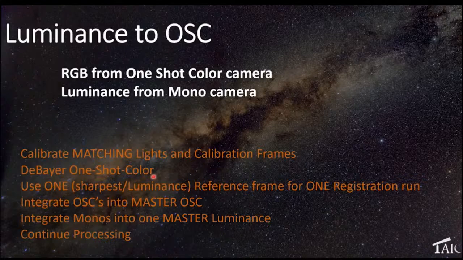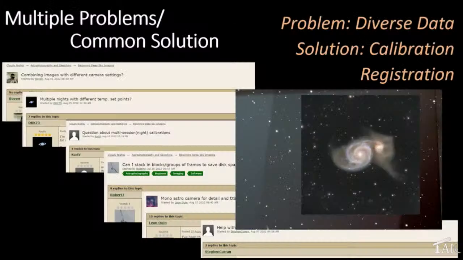Debayer your one-shot color if you've got it, and then use one reference frame, the sharpest luminance you've got, for one registration with all of the subframes, whether they're one-shot color or luminance. And then integrate your one-shot colors into a master OSC and integrate your monos into a master luminance. Now you combine them as you would with any LRGB processing.